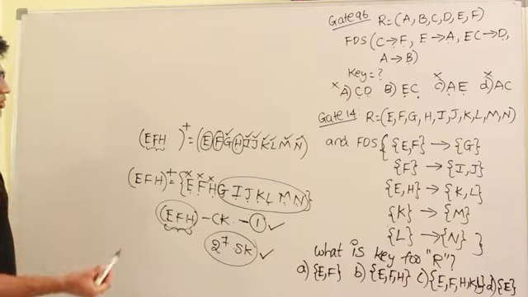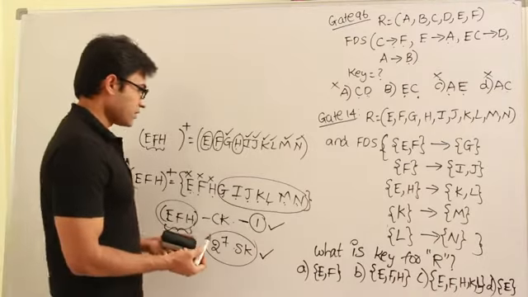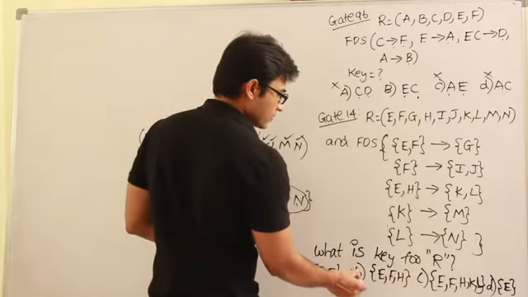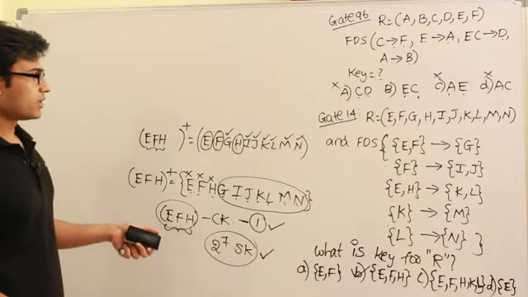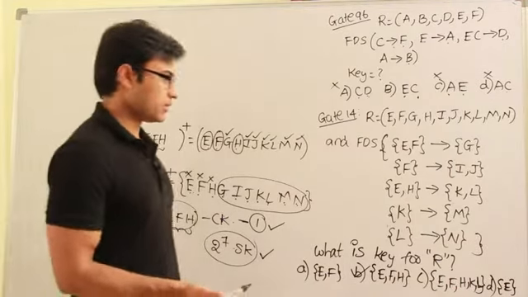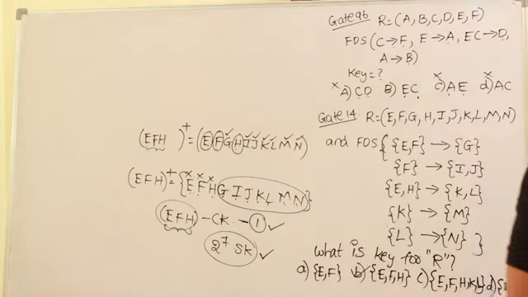Anyway, the question is not about counting, right? So what is the answer? E, F and H is the key, right? And if E, F and H is going to be the key, I think they asked for the key only, right? Let me just check the question one second.